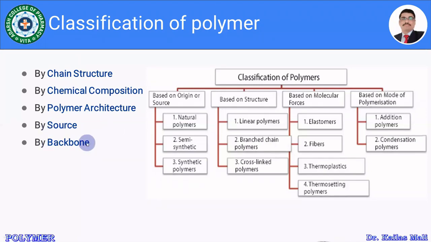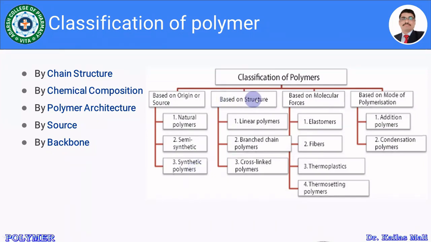Let us see how to classify the polymer according to their origin or source. According to their origin, polymers can be classified as natural polymers, for example, guar gum, semi-synthetic polymers, for example, carboxymethyl cellulose, and synthetic polymers like polyvinyl pyrrolidone.